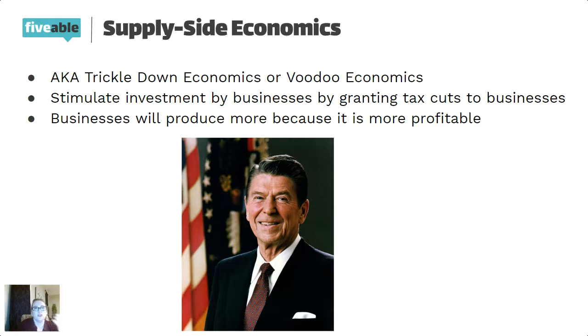So even his own vice president kind of disagreed with this economic idea. But again, you're going to stimulate investment by granting businesses tax cuts, and then they're going to pass along that tax cut to consumers with cheaper prices. And also, they'll employ more people.